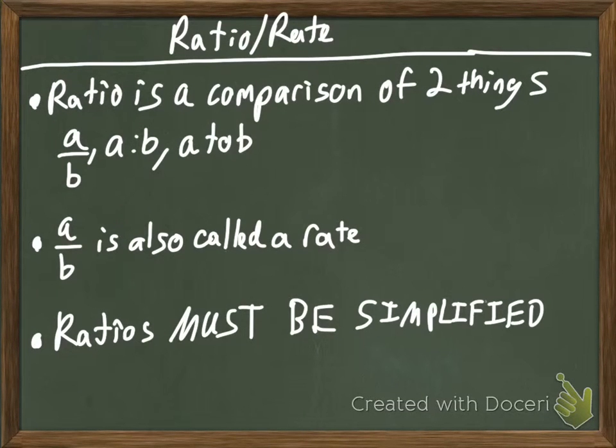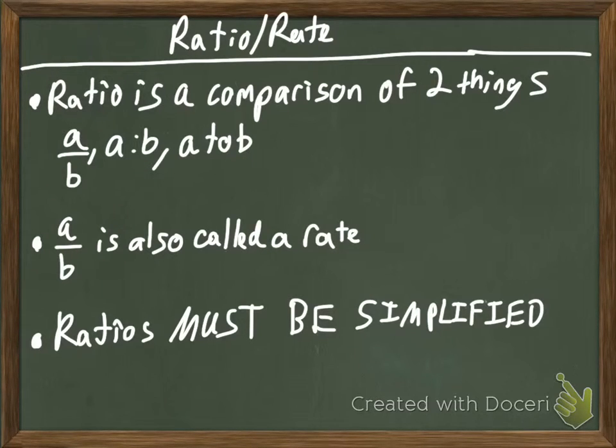Next, let's talk about ratios and rates. A ratio is a comparison of two things, and it's represented by a fraction, a over b, with a colon, a:b, or it's actually written out as a to b. A over b is also called a rate.